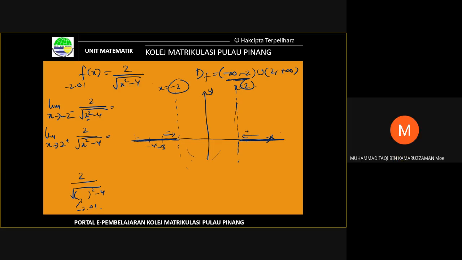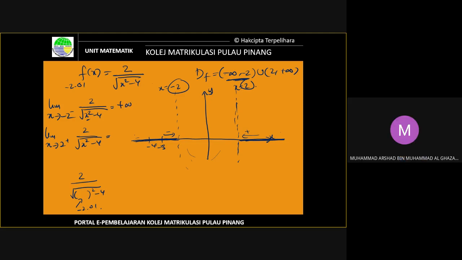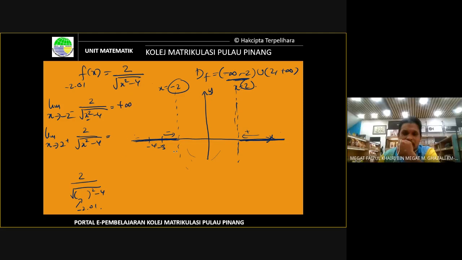Positive. Positive infinity. Okay, when x approaching 2 from right, then we have 4, 3, 2.5, 2.2, 2.1, 2.01. So substitute with 2.01 here.